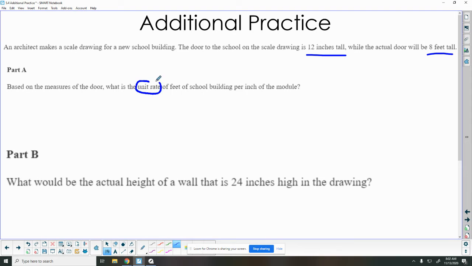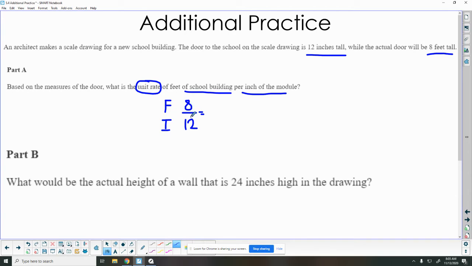So I know I need to compare it to 1 of the actual school building per inch of the model. So it wants feet compared to inches. So we're going to put feet on top and the inches on the bottom. So 8 feet divided by 12. And let's just start and simplify this problem a little bit.